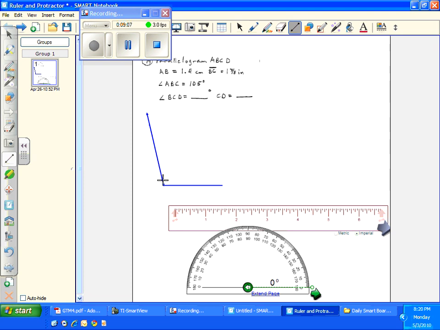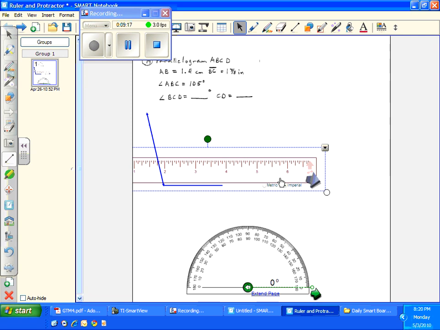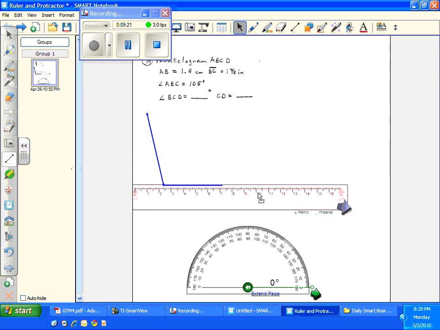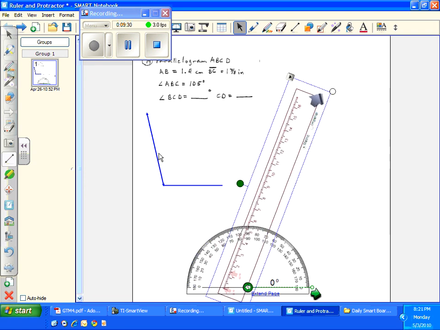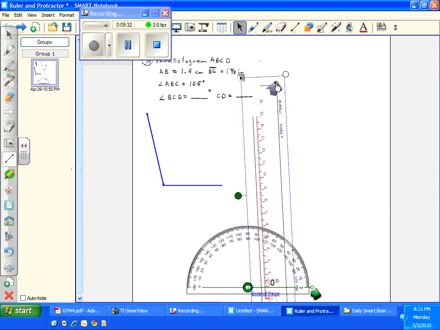And so then we want to measure this way 1.4 centimeters. So we're going to go back and grab our ruler, and I'm going to change it to metric. And I'm going to try to slide this thing to where that is. This is a little tricky here.